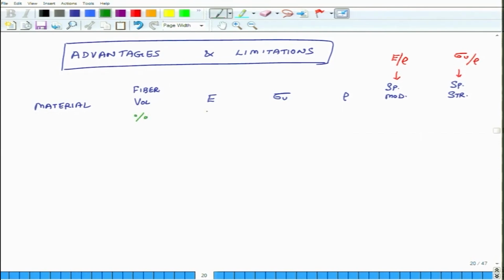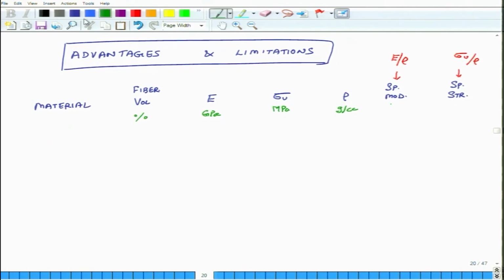This is in percent, this is GPa, this is MPa, this is, let us say, grams per cubic centimeter, and this is MPa, the ratio of E and rho.